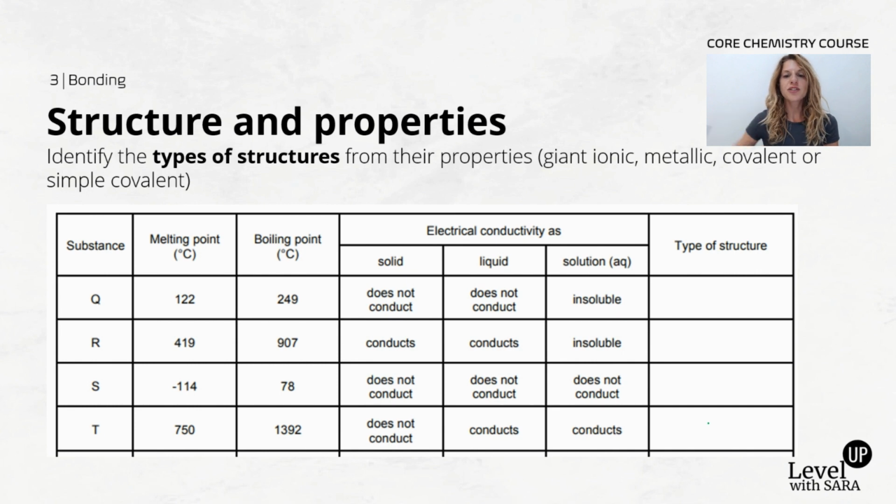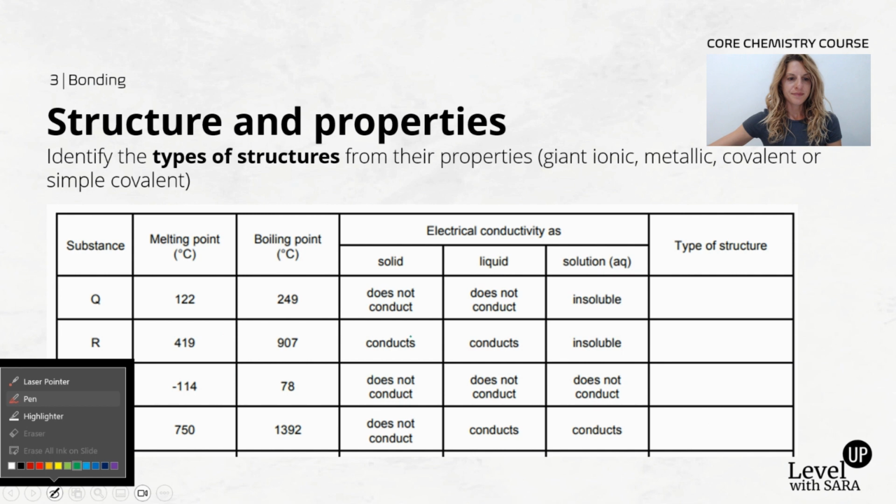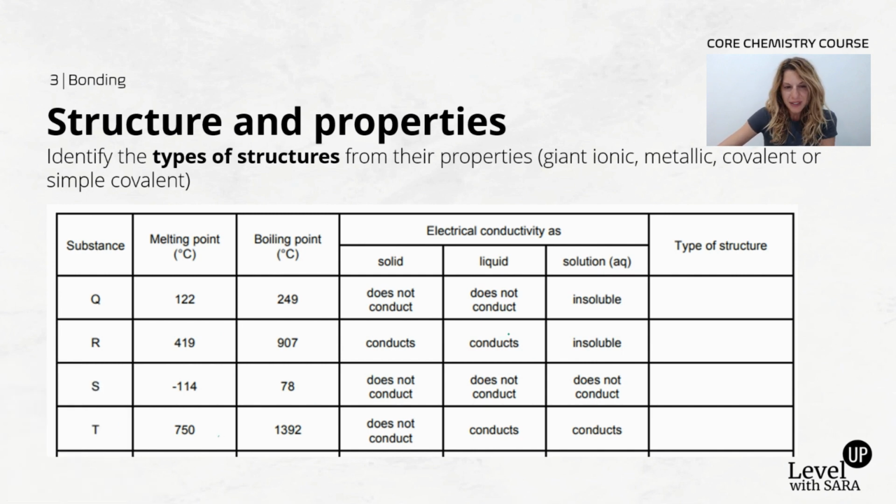Which type of structure do you think it is? Do you want to take a moment to try? It's a relatively low melting point. We can't really compare it, but not very high. Not conductive and insoluble, so it must be a simple covalent molecule.